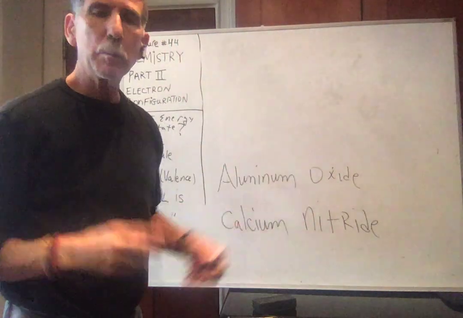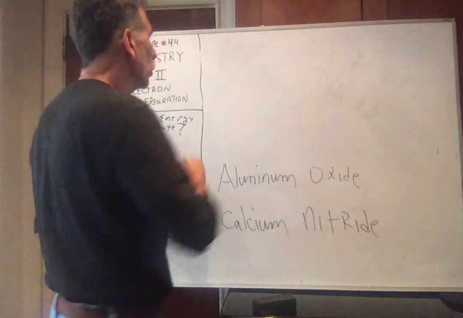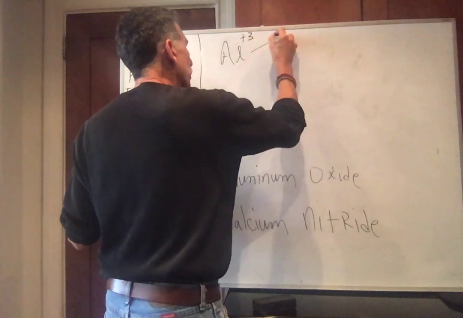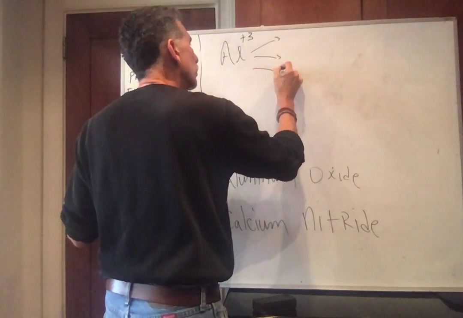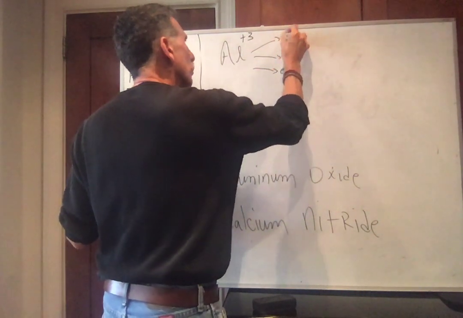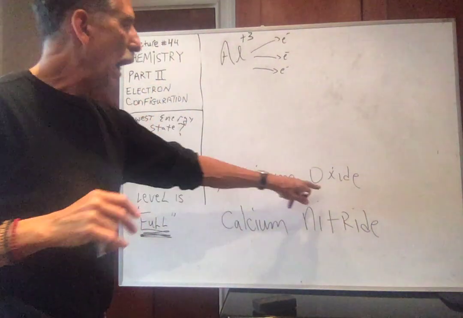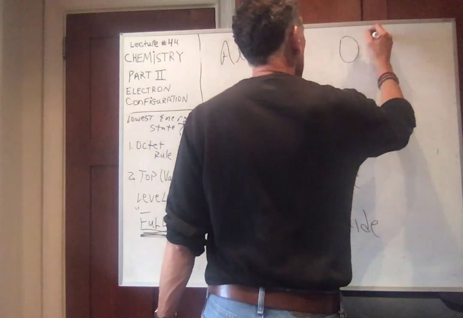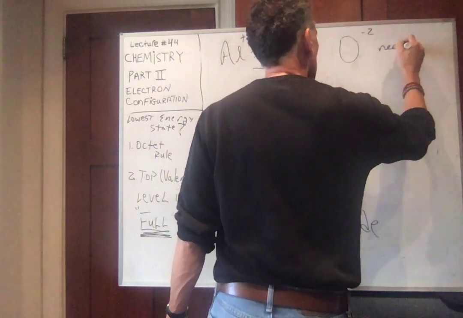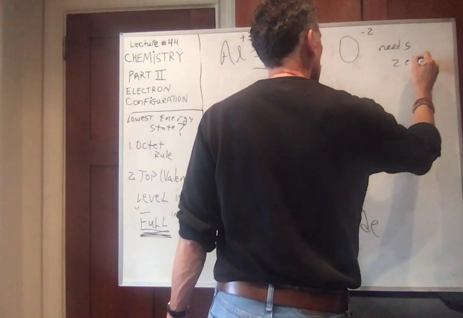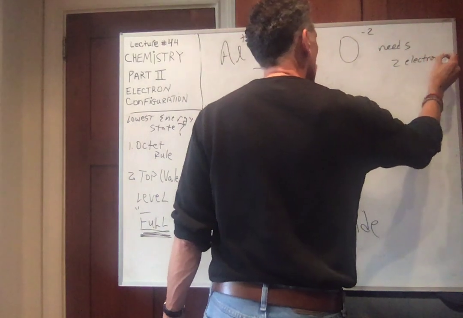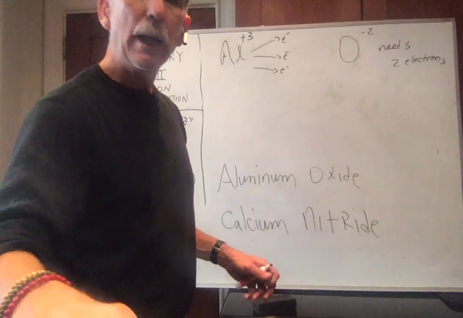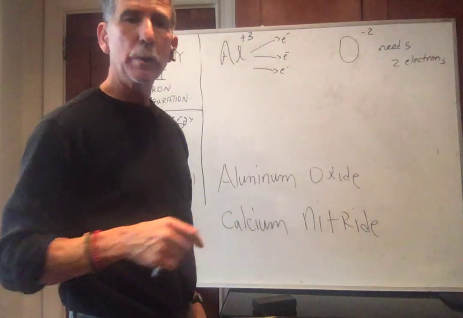So aluminum, remember aluminum's group 3A, so aluminum wants to be +3. It's giving 3 electrons. Oxygen needs 2 electrons. How in the world can we make this go with this?